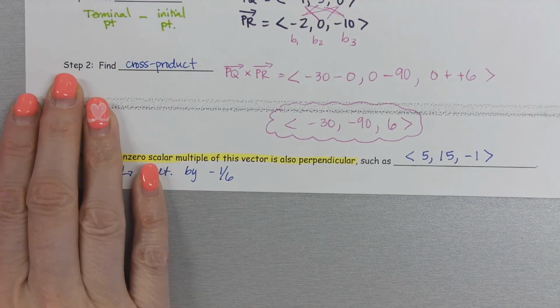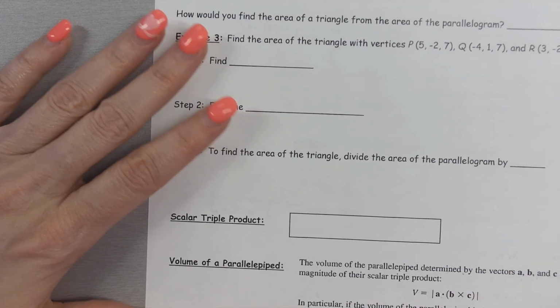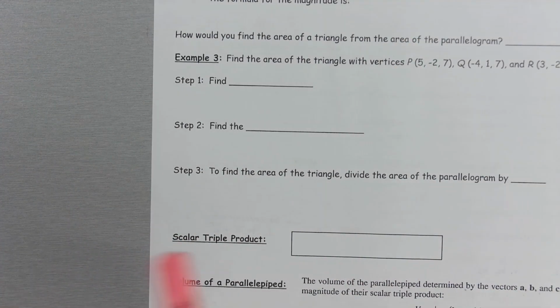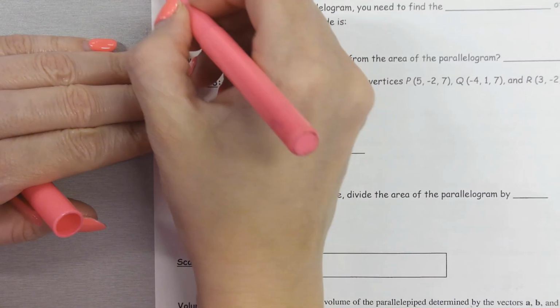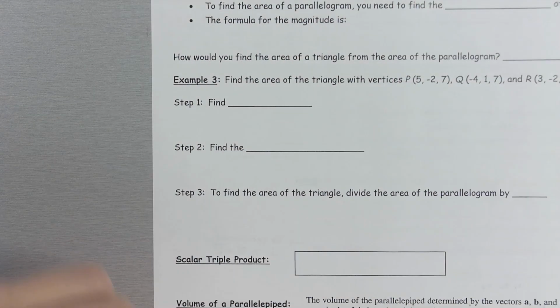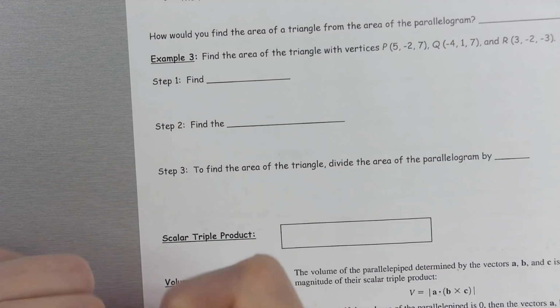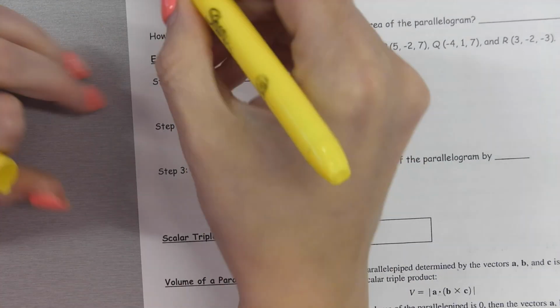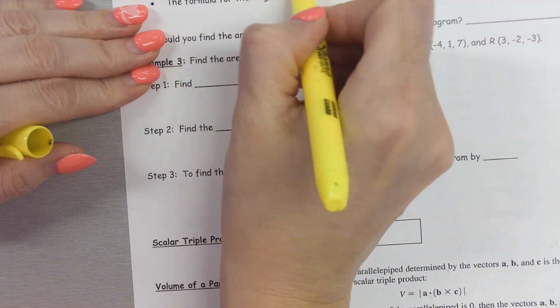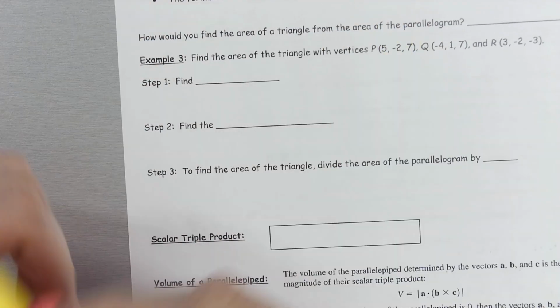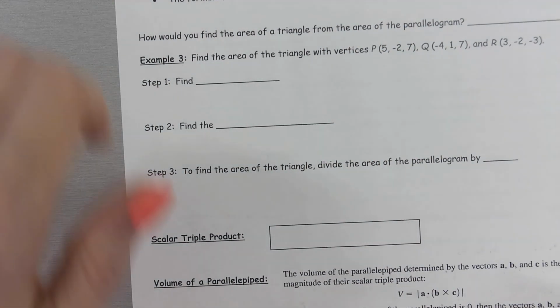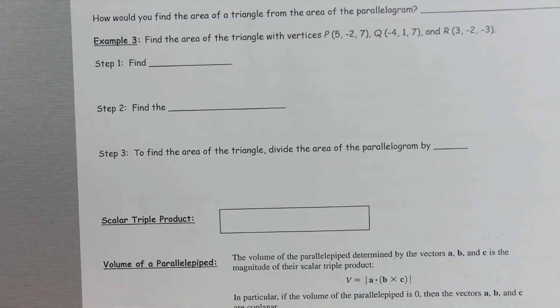Alright, and then the next thing we're going to find is the area of a parallelogram. To find the area of a parallelogram, we're going to find the magnitude of the cross product.